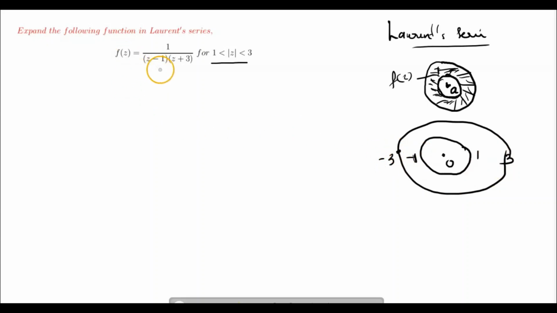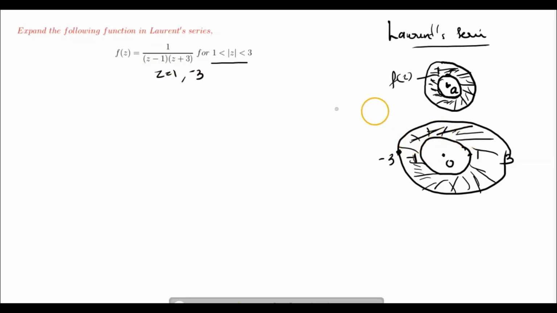Clearly this function has z equal to 1 and z equal to minus 3 as singularities. So this is minus 3 and z equal to 1 is here. The region is given by this region, that means mod z greater than 1 and less than 3. This is the annular region, and we can always find a Laurent series expansion for this function f of z in this region.